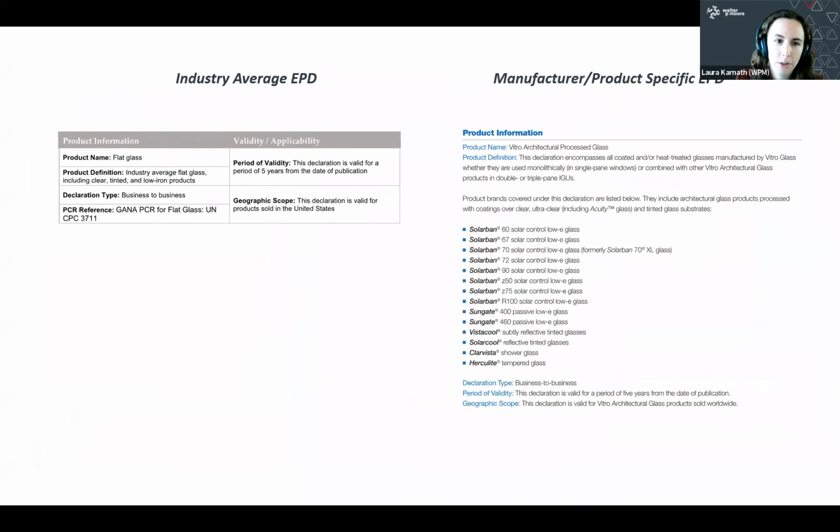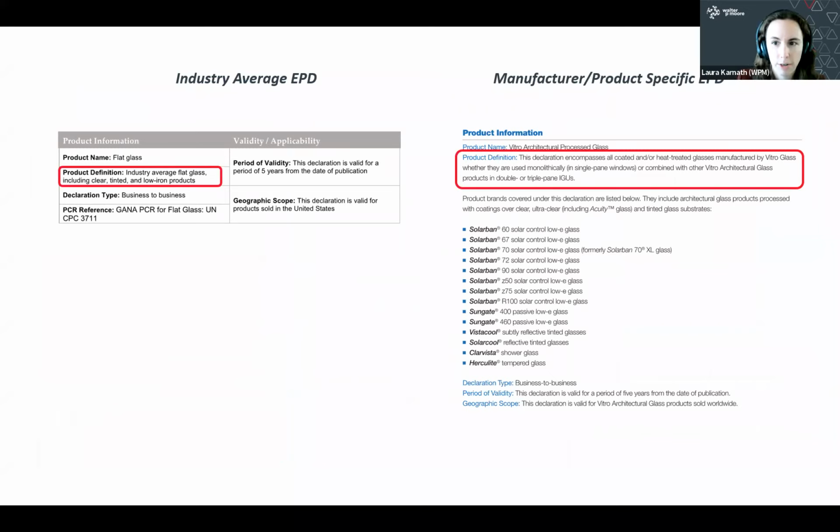Digging a little deeper, we will have a product definition in each of these. In my industry average EPD from the National Glass Association, it's an industry average of flat glass, and it includes clear and tinted and low iron glass, but it doesn't include any coatings or any IGUs or anything, versus our Vitro EPD that's manufacturer specific, that includes coatings, and it also includes IGUs.